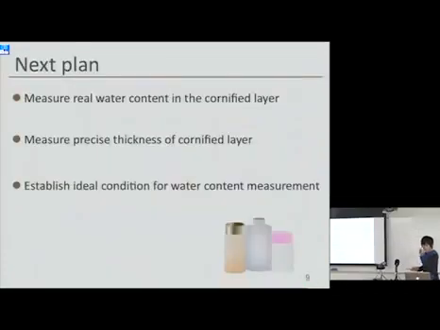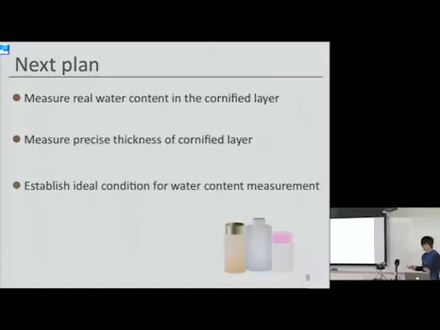Next, I will measure the real water content in the colonified layer and find the correlation between the absorbance and the real water content. To calculate the contribution rate, I need to know the precise thickness of the colonified layer, so I will measure it.